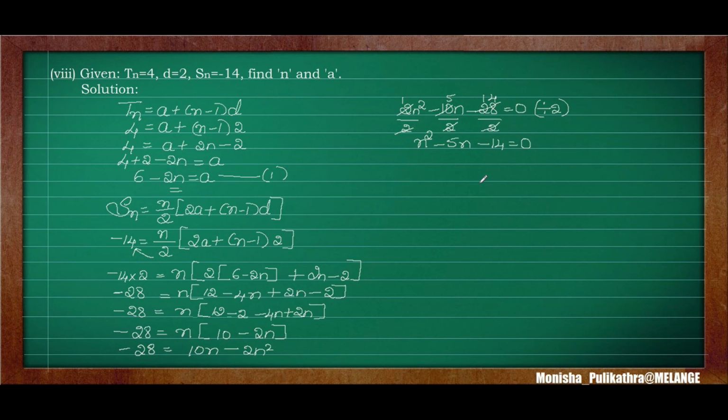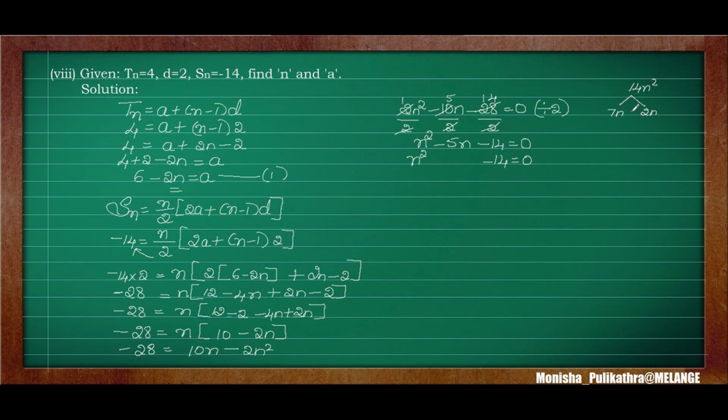So now we need to factorize this such that the first and the last term should be as it is, and we need to split the middle term so that when we add or subtract the two numbers, it should be minus 5n, and when we multiply it, it should be 14n square. Okay. The number is, see here, 14. When we multiply, it should be 14. So 7n and 2n.